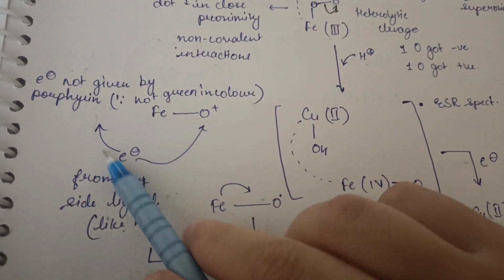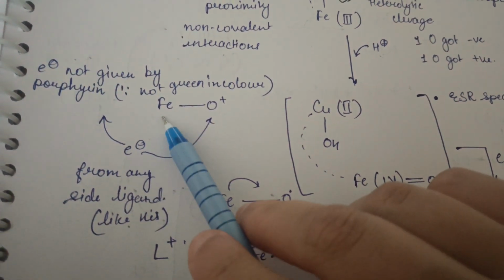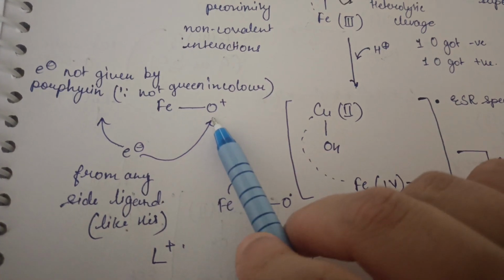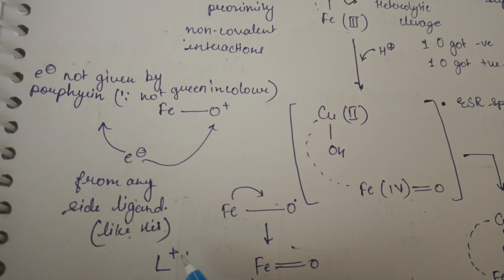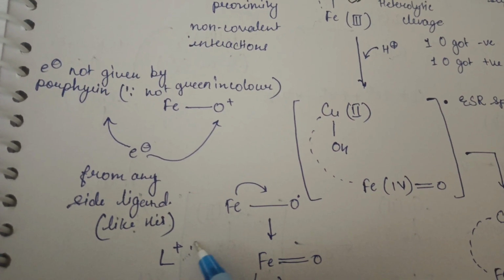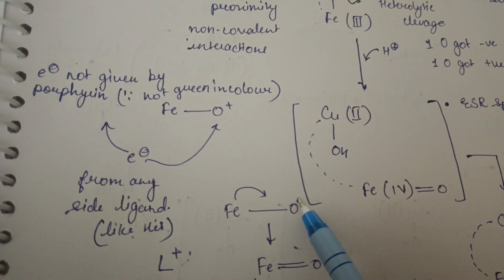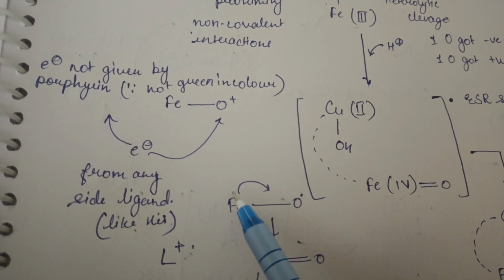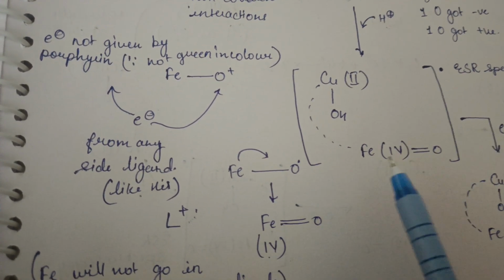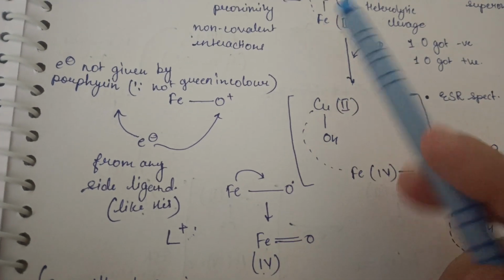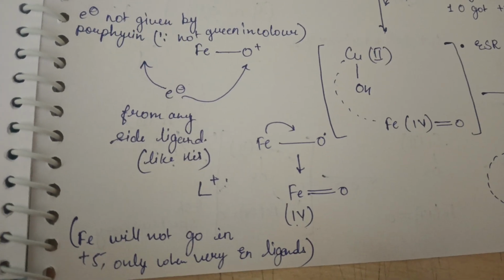There will be surrounding ligands to this iron center, like histidine and other ligands. One of the ligands will give its 1 electron to this O plus, and this ligand will be converted into a radical with a positive charge. So 1 electron goes to this oxygen, and iron will give another electron, and iron will go from +3 to +4, and this double bond will be formed.